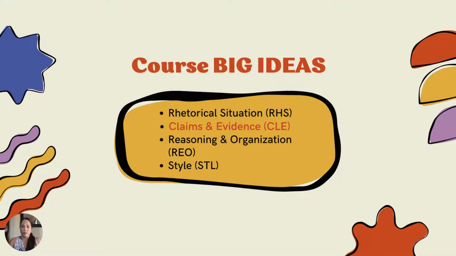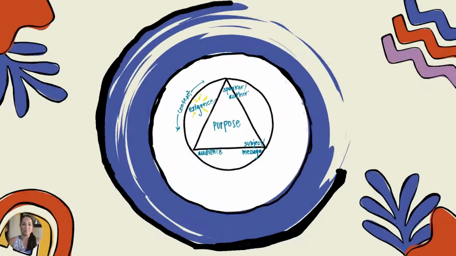Before we move into our lesson to focus on claims and evidence, let's briefly review what we learned about the rhetorical situation. When we look at the rhetorical situation, we acknowledge the context, the time and place a speaker is communicating. Within the context, there is a specific moment that ignites the speaker to communicate to their audience.